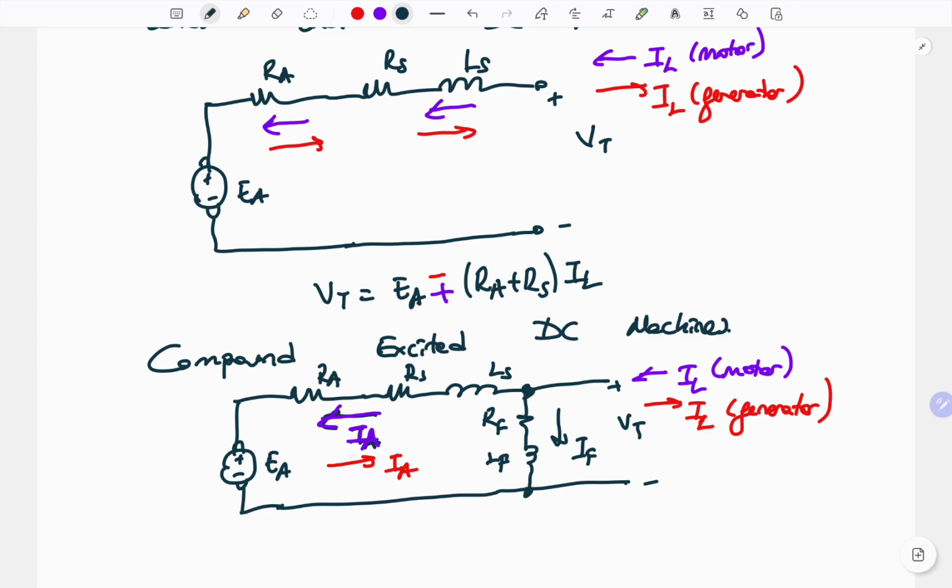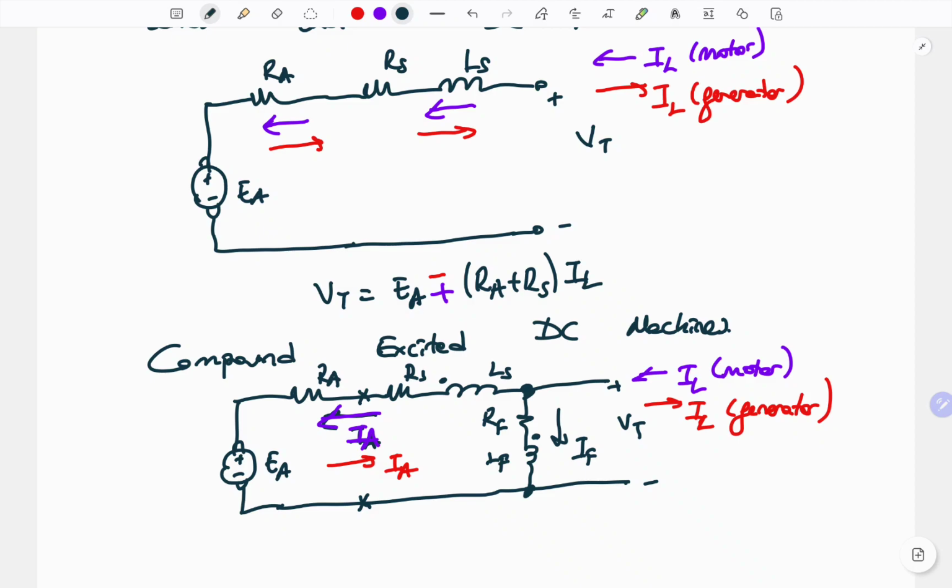If we slide that part, this parallel connection, after the armature winding, if we connect first the parallel, then the series, the connection will be called short shunt excitation. And according to polarities of Ls and Lf, if they support each other, we have a cumulative excitation.